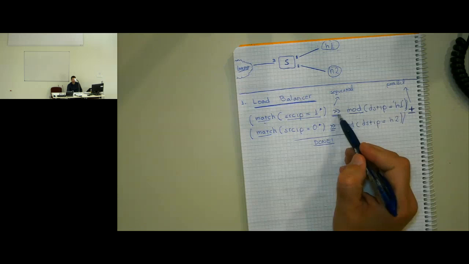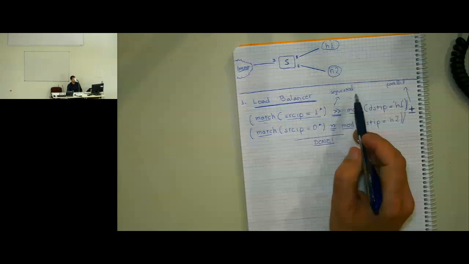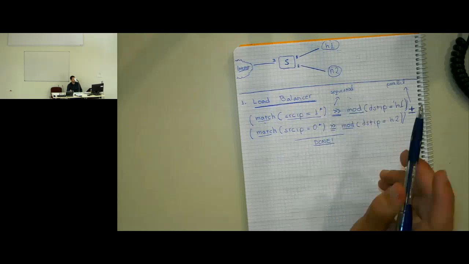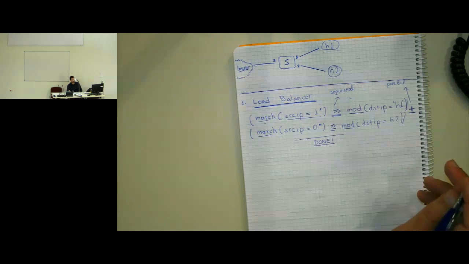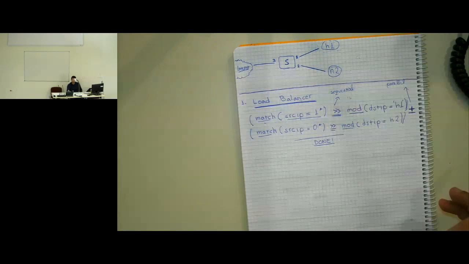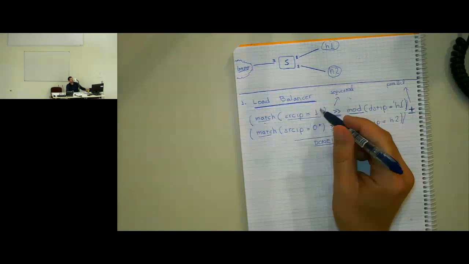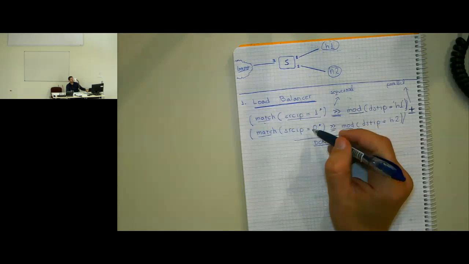Otherwise, I believe it's the sequential operator that has first priority and then the parallel. The packet starting from 2 would be dropped, would not be handled. It's a bit crude in this example.